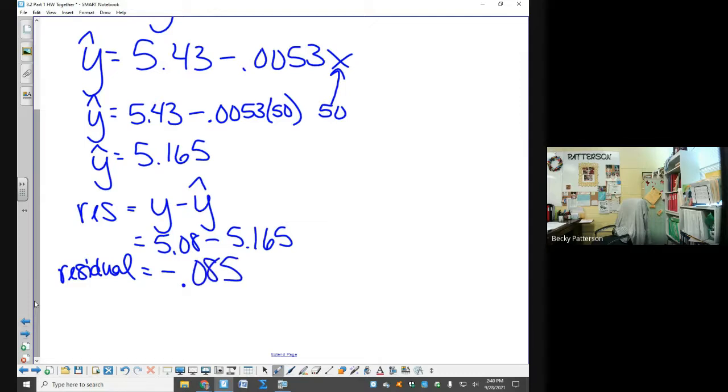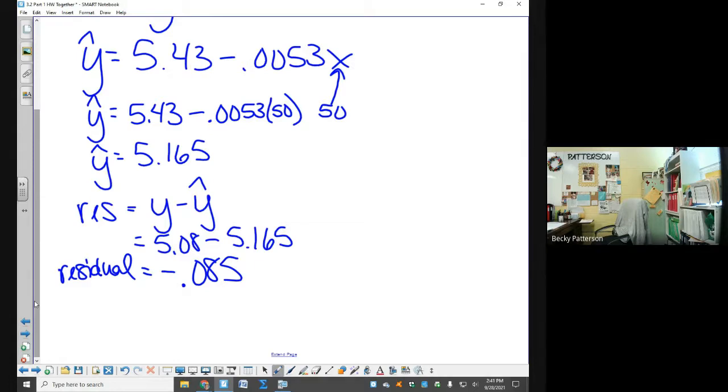Okay. So I have found the residual. But what else does this want me to do? I have to interpret what this means. Now it's negative, which means what? The predicted is the line. The piece of data, the actual, was lower than what it was predicted to be. Now turn that into a sentence, something about pH.